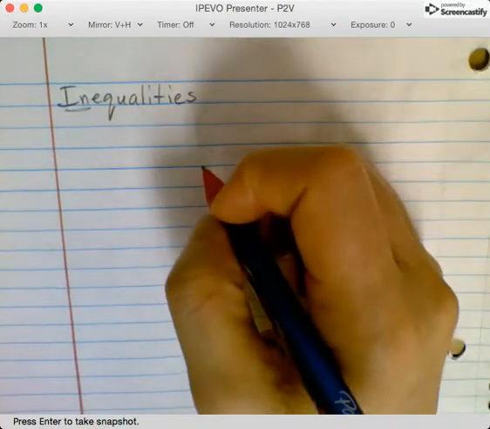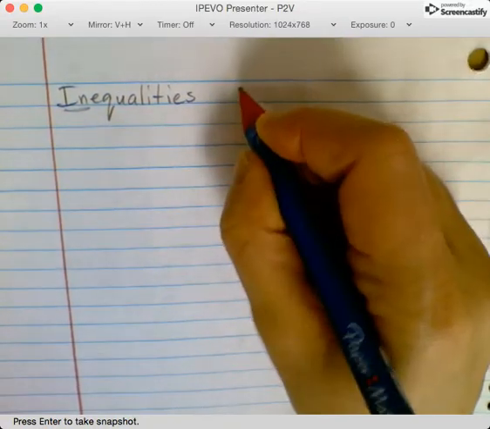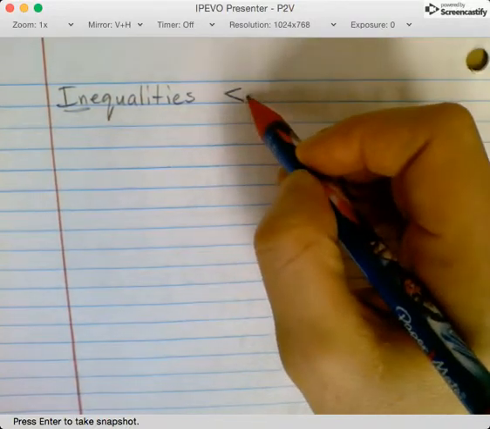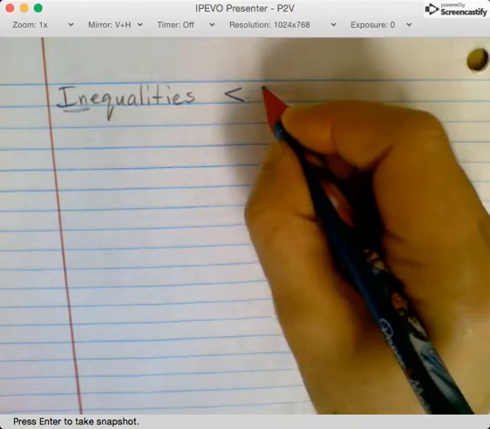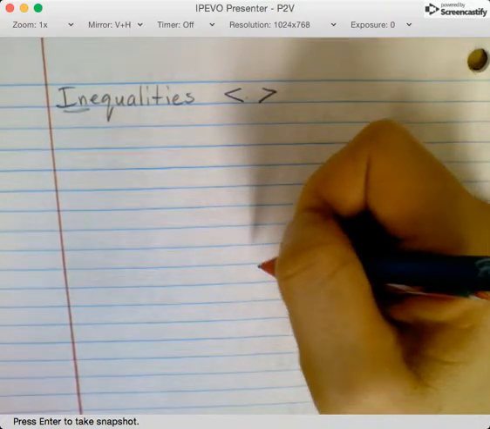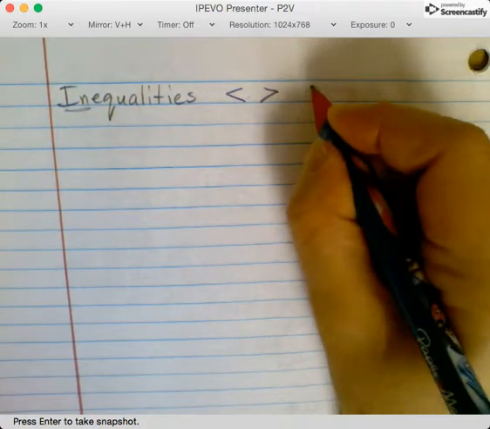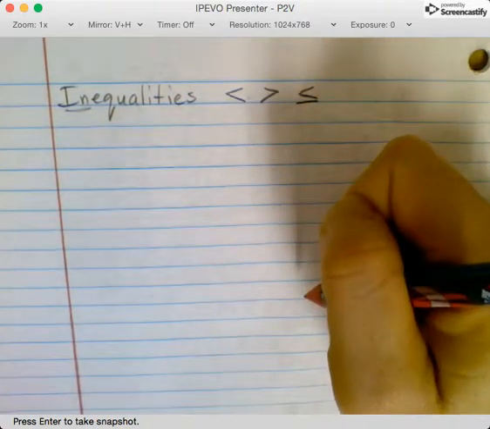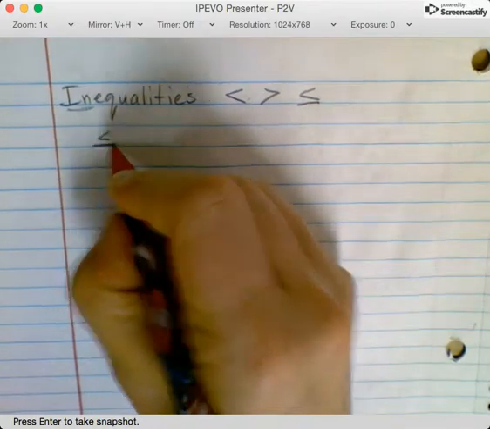The signs that we use in inequality are the ones that you're familiar with. This one is less than, greater than. Then we have a few that are new. There's this one that looks like less than, only it's got a line under it. I'm going to write this over here.